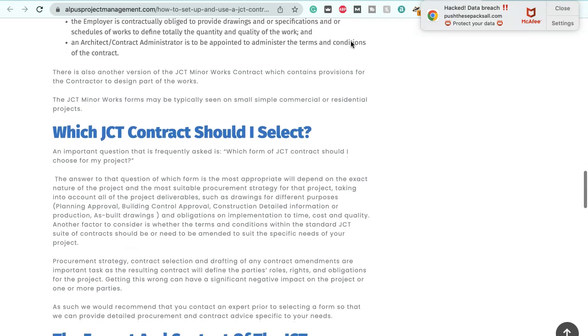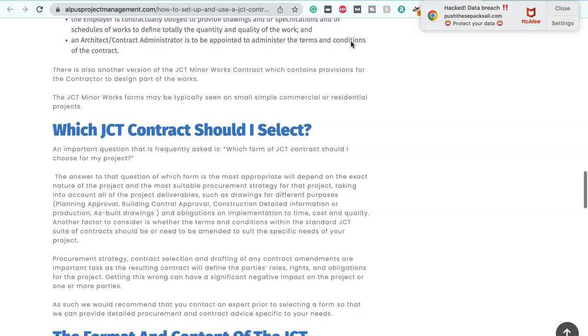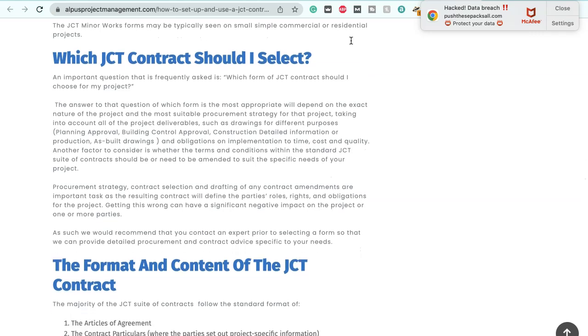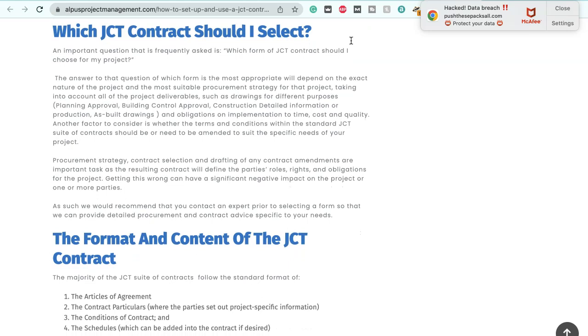The employer is contractually obliged to provide drawings and/or specifications and/or schedules of works to define totally the quantity and quality of the work, and an architect/contract administrator is to be appointed to administer the terms and conditions of the contract. There is also another version of the JCT minor works contract which contains provisions for the contractor to design part of the works. The JCT minor works forms may be typically seen on small, simple commercial or residential projects.